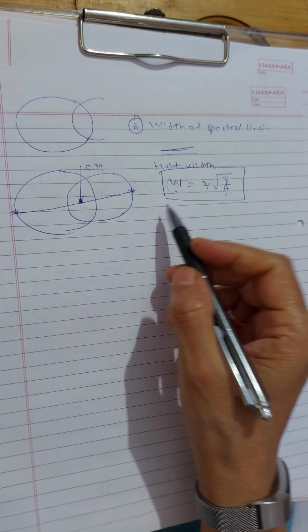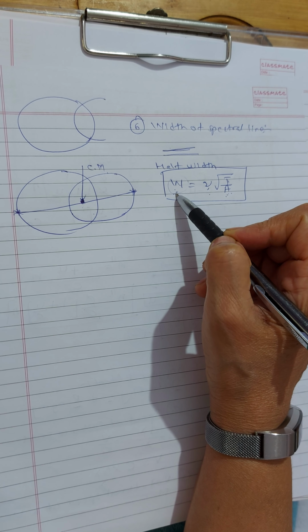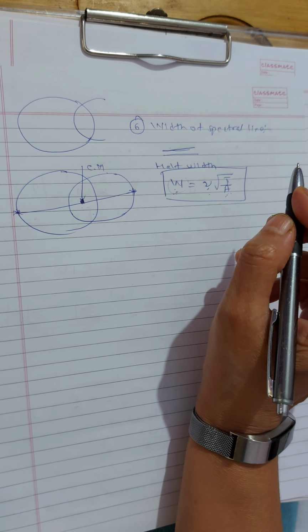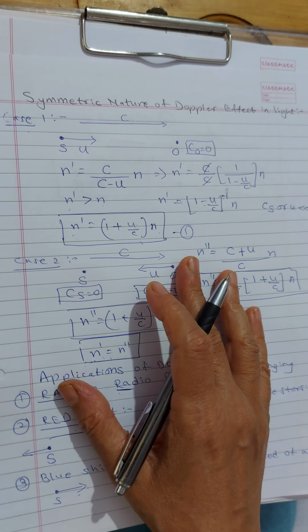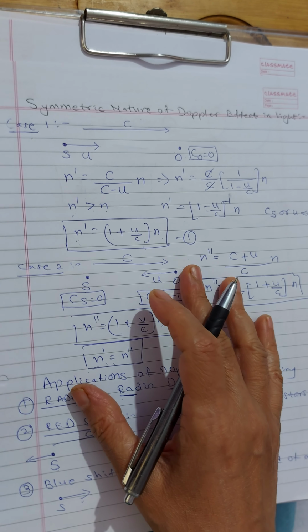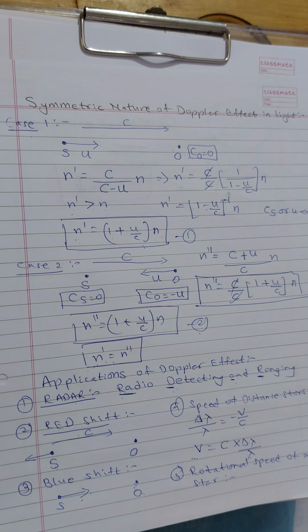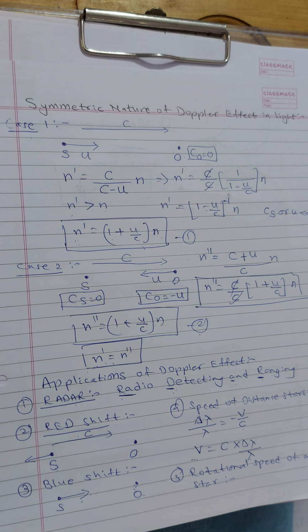The last is the width of the spectral line, and the formula is given over here. With these 6 applications and the symmetric nature of the Doppler effect in light, this completes the theory part of the last chapter of your syllabus of paper 1.